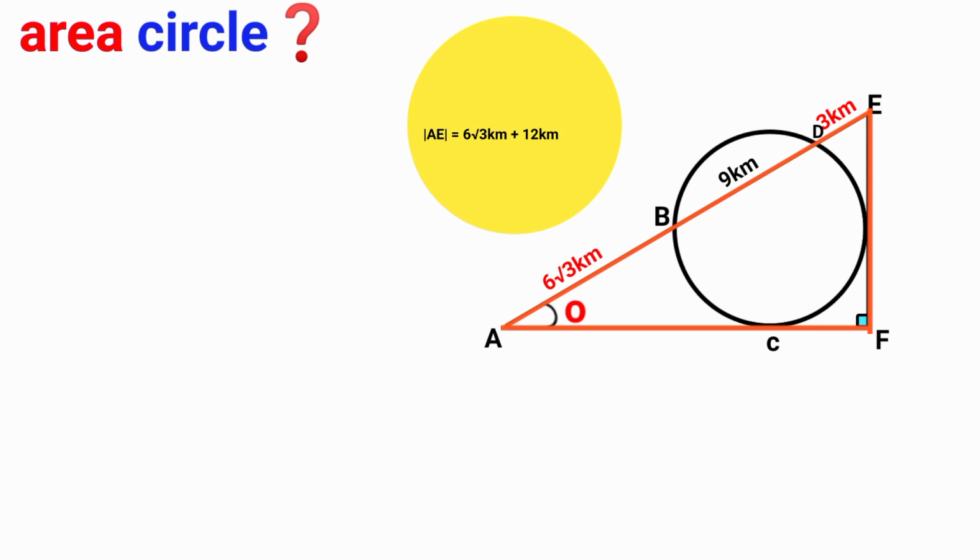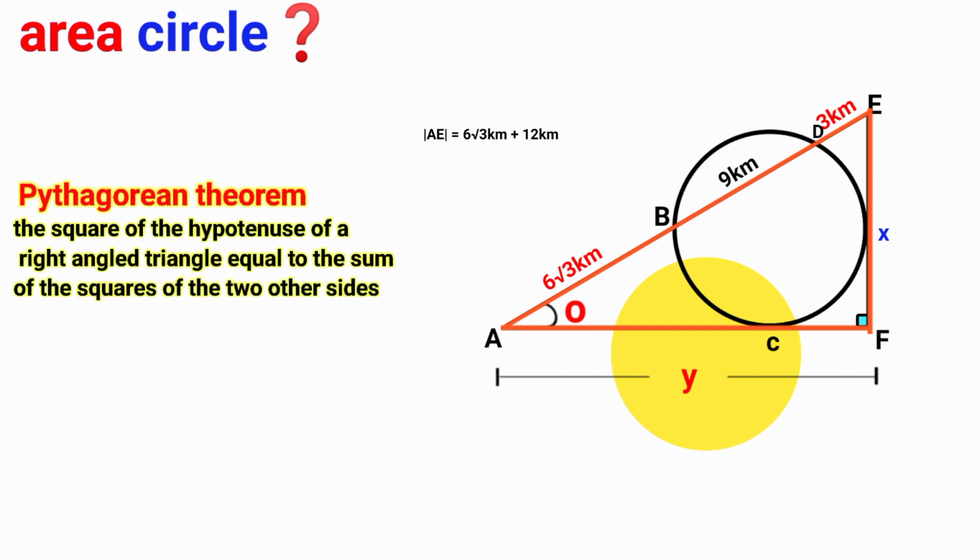So it is 6√3 kilometers plus 12 kilometers. Now if we assume the length of this side to be x and this to be y, we can use the Pythagorean theorem. The Pythagorean theorem states that the square of the length of the hypotenuse of a right angle triangle is equal to the sum of the squares of the lengths of the two other sides.